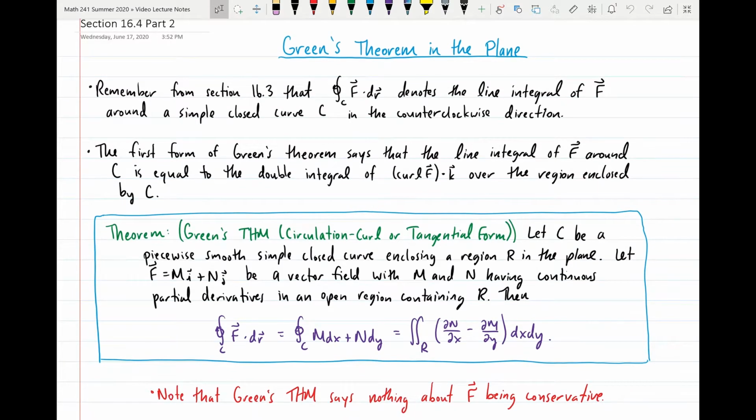So remember from section 16.3 that we have this interesting notation to denote the line integral of a vector field F around a simple closed curve C in the counterclockwise direction. We put our integral sign over C, and then a circle with an arrow going in the counterclockwise direction to denote that we're integrating over a simple closed curve.